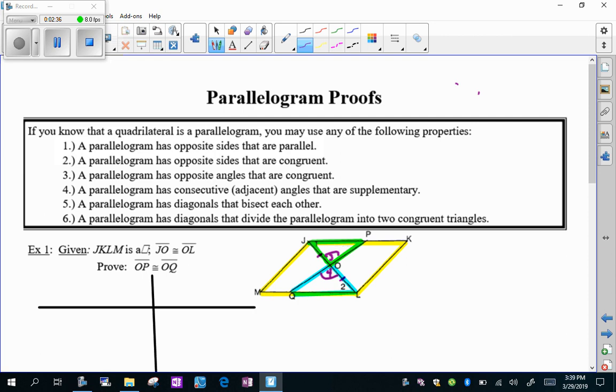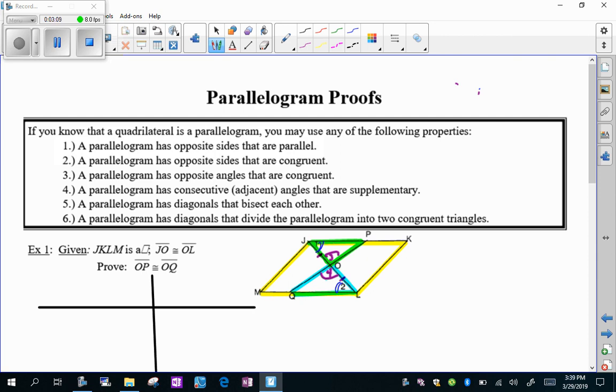We know that angle 1 is congruent to angle 2. Why? This line, JL, is a transversal, because JK is parallel to ML, since opposite sides of the parallelogram are parallel. So I know that angle 1 and angle 2 are congruent because of alternate interior angles.